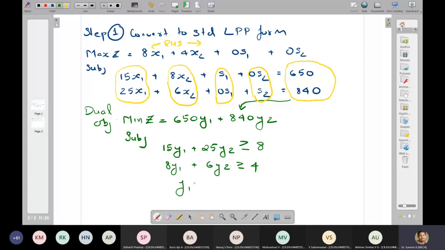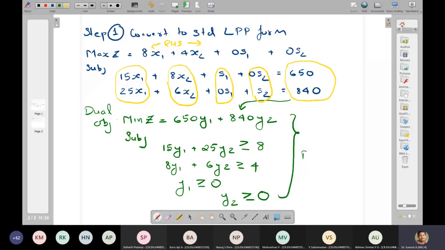Based on the next constraint, y2 greater than or equal to 0. So this conversion is called the dual. Once you get a dual problem, again apply the standard procedures and you can solve.